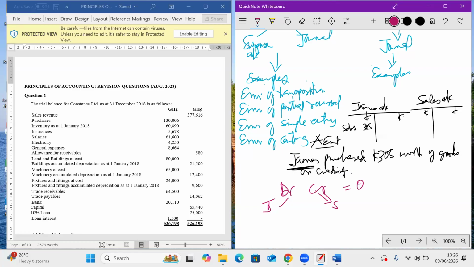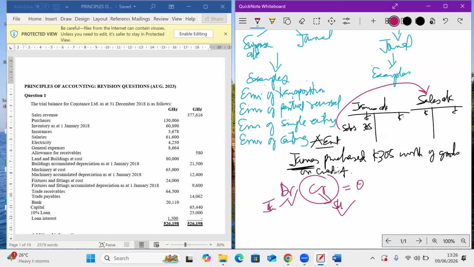So the correct thing is that James' account is 305. If in James' account sales is on the debit side, then in the sales account, where would James be? Credit, on the right-hand side. Do you get it?